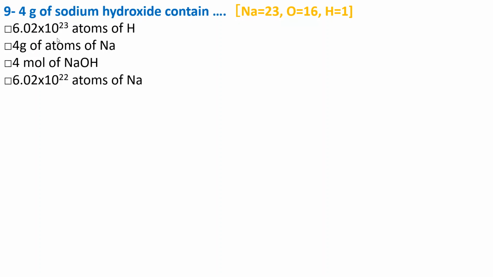Not 4 moles of NaOH, but 0.1 mole. So 0.1 times 10 over 22 atoms of Na. This is Avogadro's number divided by 10. So this is the answer, letter D.